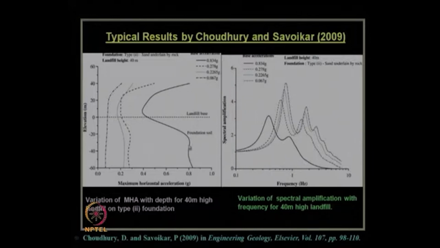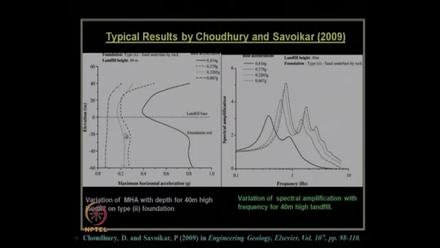So, for different foundation materials, different results have been considered, and on top of it, it shows the behavior within the landfill. From this figure one can easily see this is for foundation type 2, only for a specific foundation type, and the landfill height was considered 40 meters. 40 meters is the height of the landfill, and for base acceleration, 4 different types of seismic acceleration were considered as input motion.